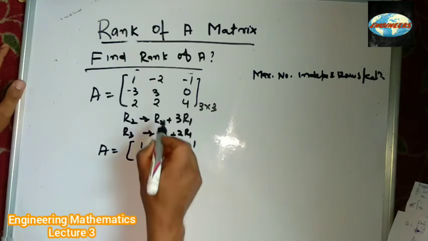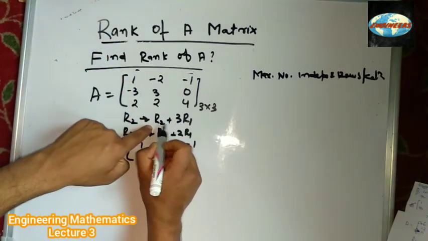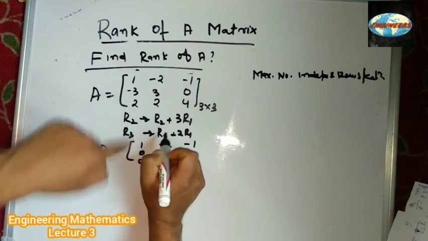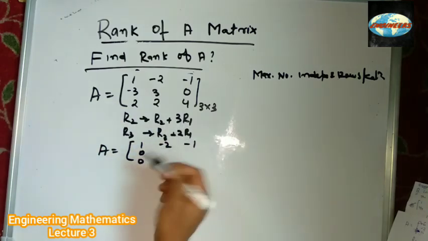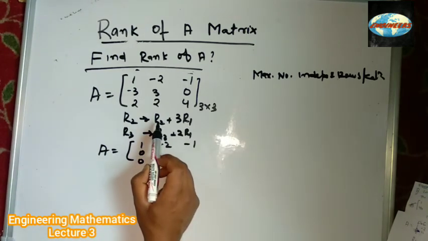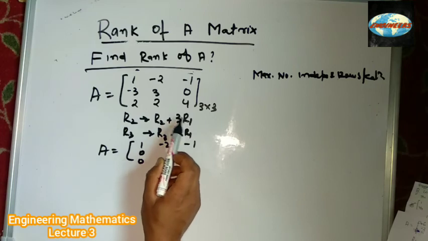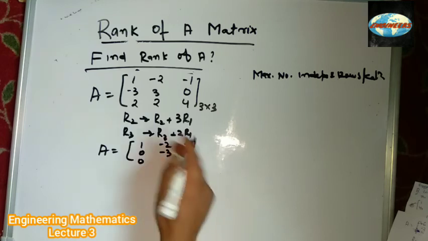These two will be 0 because for R2, minus 3 plus 3 times 1 is 0, and similarly 2 minus 2 into 1 is also 0. Then R2 is 3 plus 3 into minus 3, so minus 3, and this one also minus 3.